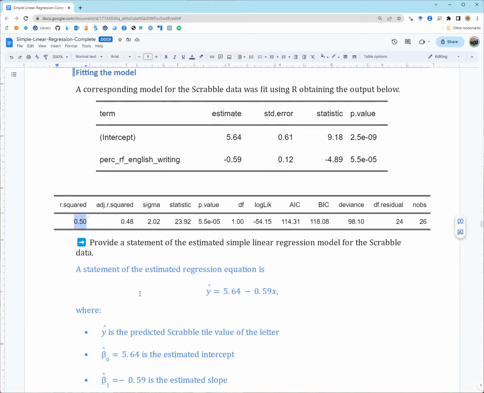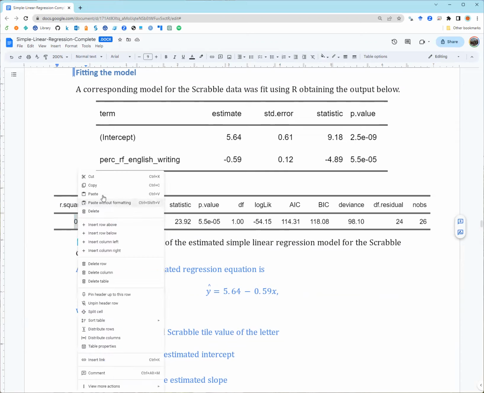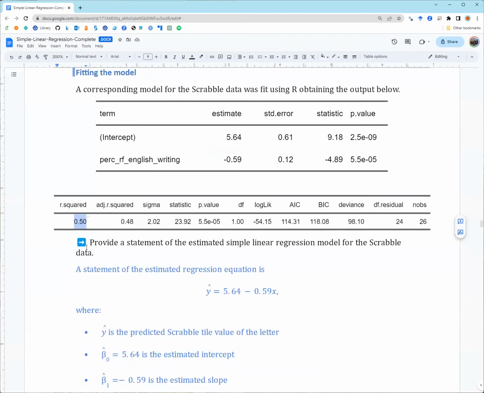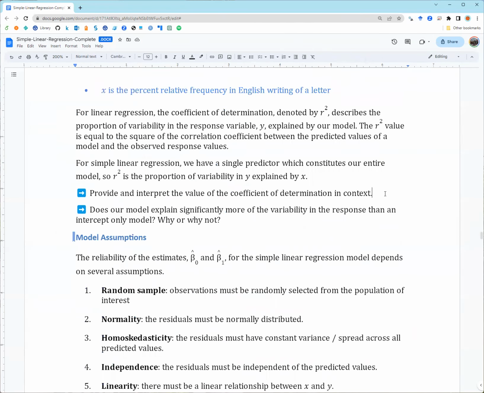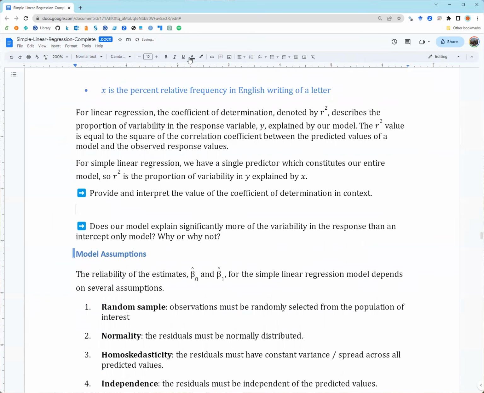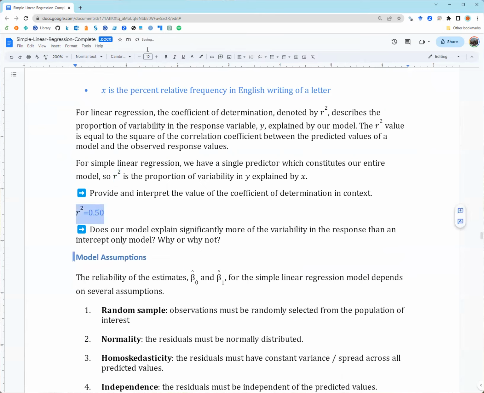It's a fancier name for it, but most commonly people just call it R-squared. The R-squared for this model is 0.5.